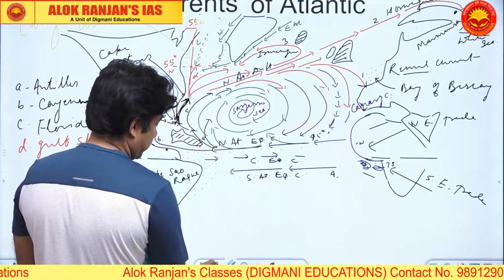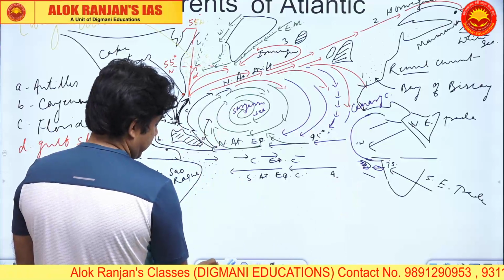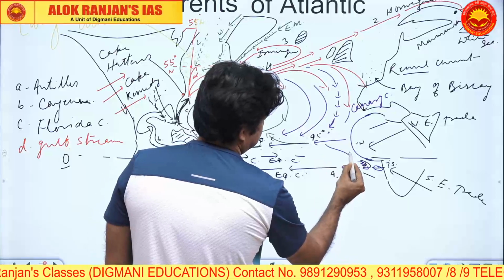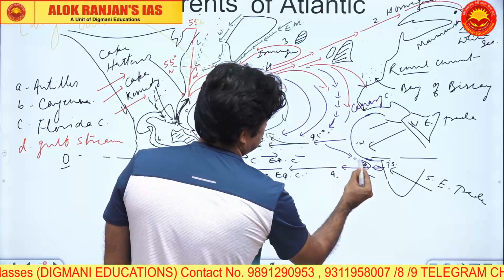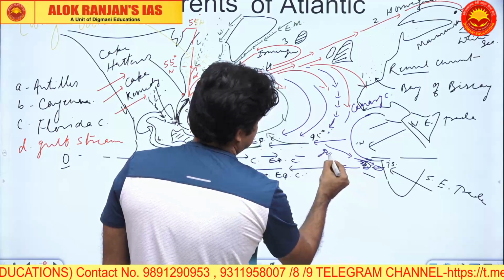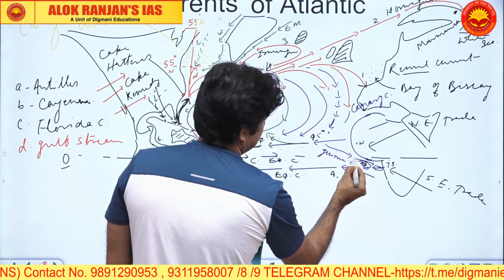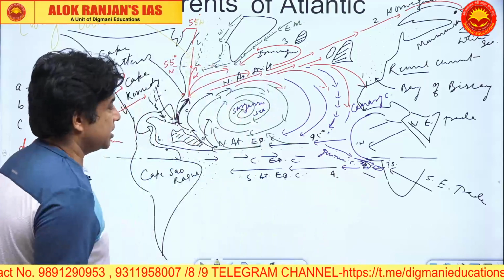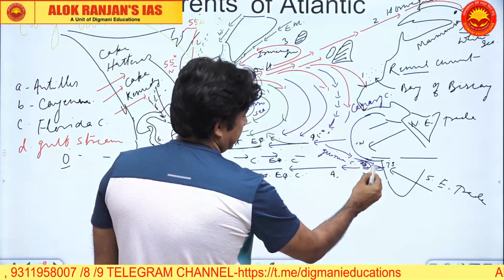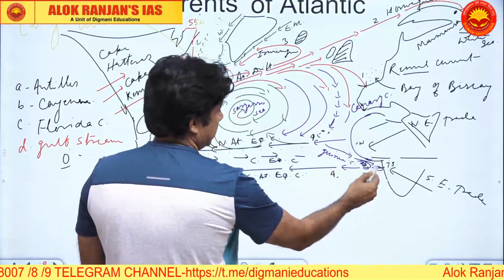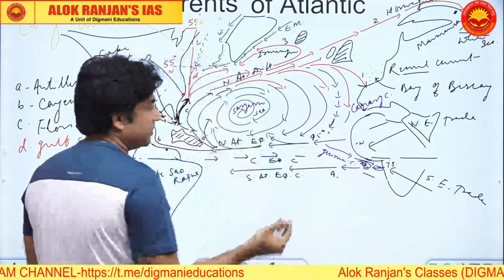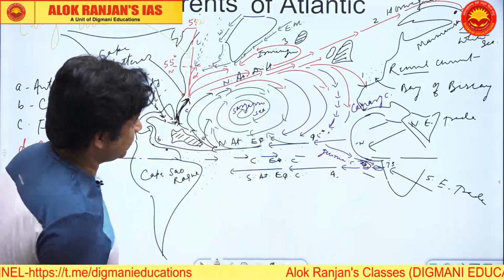Because of the loss of water, there will be a compensatory current moving into it, and this is called the Guinea current. It's a very small, warm current, and it originates for the sake of compensation due to the loss of water from the Guinea coast. So it gradually moves in. It's the equatorial water which is moving there.